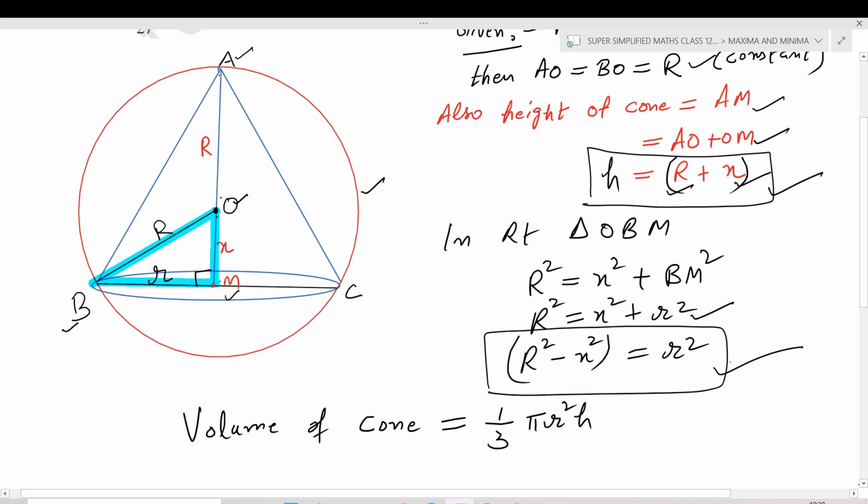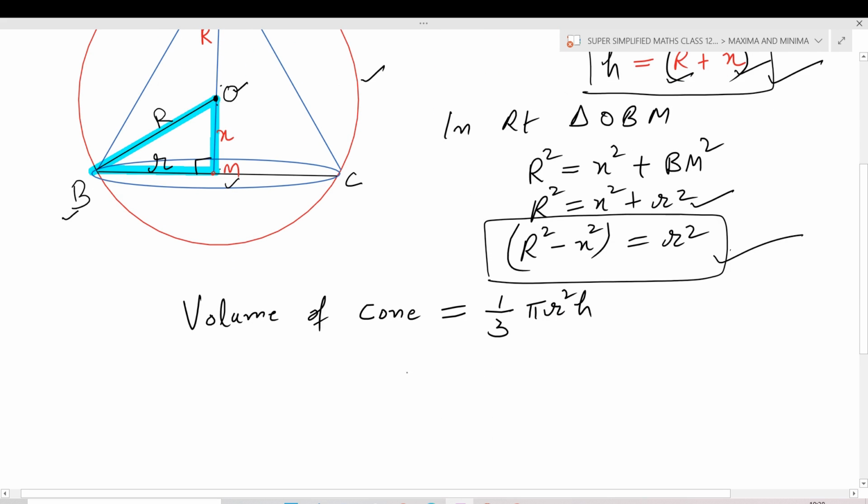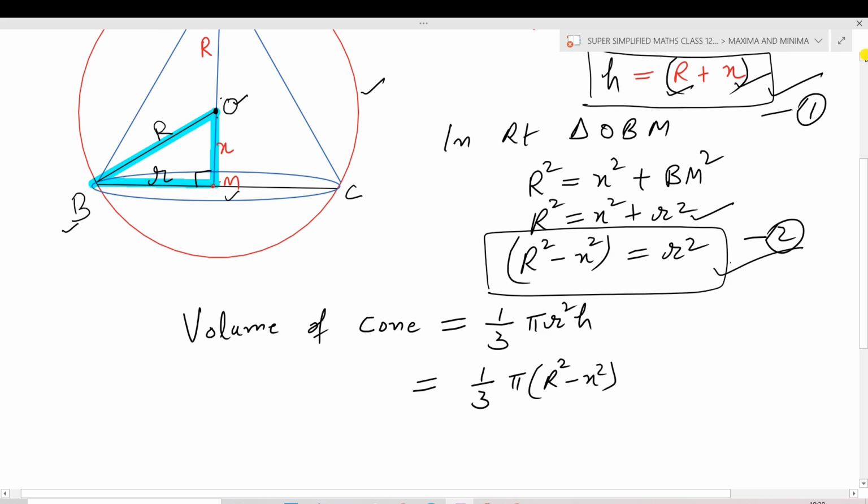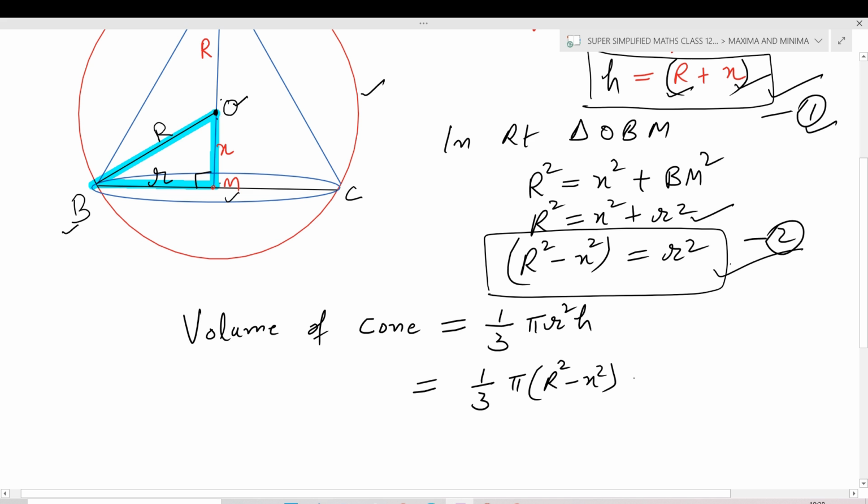So r square from equation 2 is R square minus x square, and h from equation 1 is R plus x. Now in this expression we are getting only two quantities, capital R, which is a constant, and x, which is the variable. So the volume of the cone is a function of the variable x.